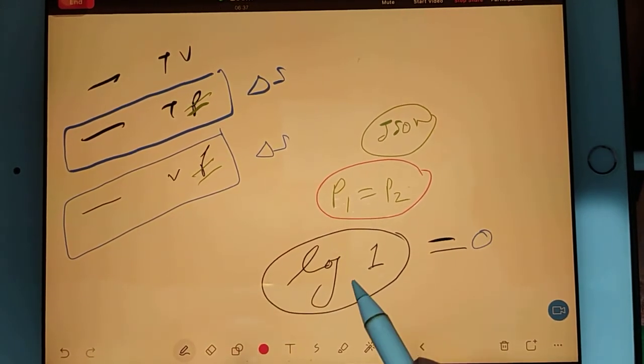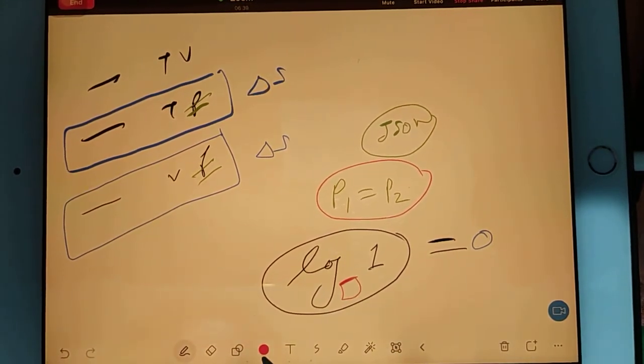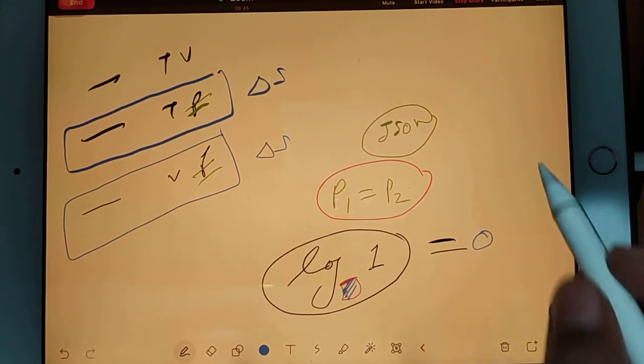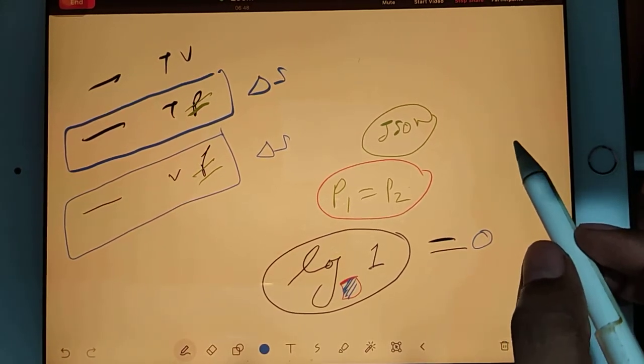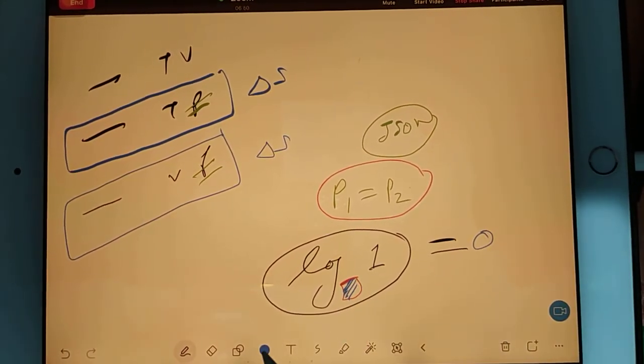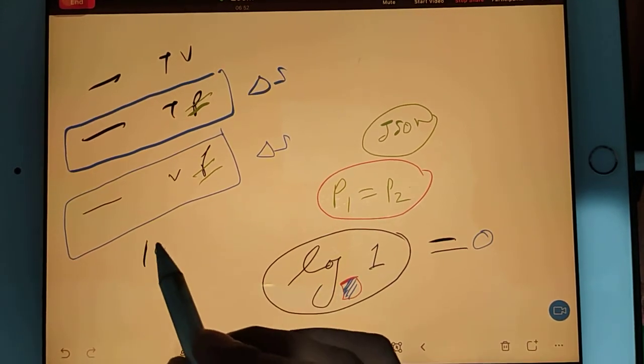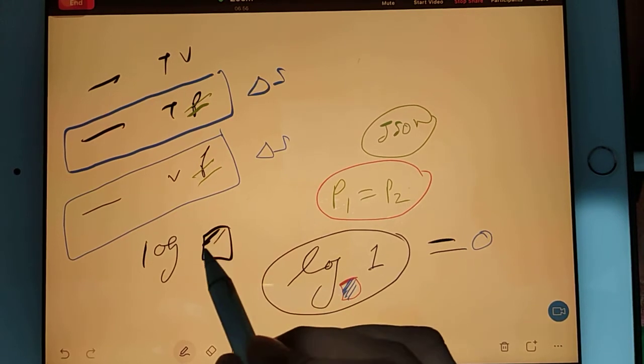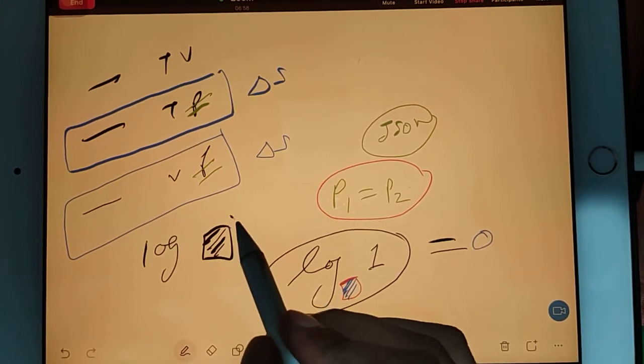And as a condition, what should the base be here? Anything is okay, but it should not be less than or equal to 0. This is a log property, I am talking math. Whatever answer is here, this answer should not be 0 or negative.